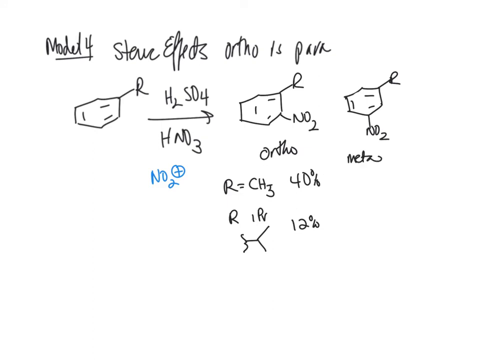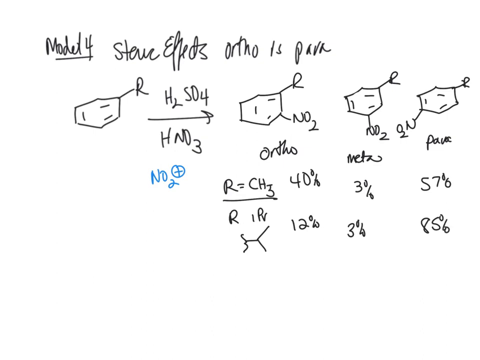So for meta, you get 3% and 3%. So that's basically nothing. That's like, it didn't work. Here's your nitronium on the para. If you just have a methyl, it's about 57%. It's still the major product. If it's isopropyl, it's going to be 85%.